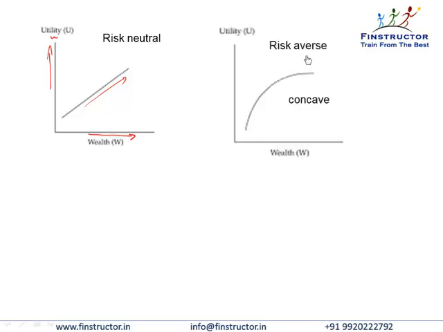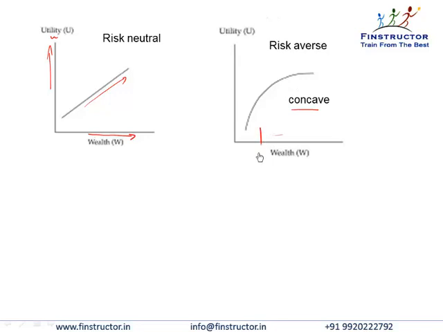A risk-averse investor, remember, has a concave utility function. It will be a convex indifference curve, but a concave utility function. A concave utility function implies that he also achieves greater happiness from having more wealth, but at a decreasing rate.